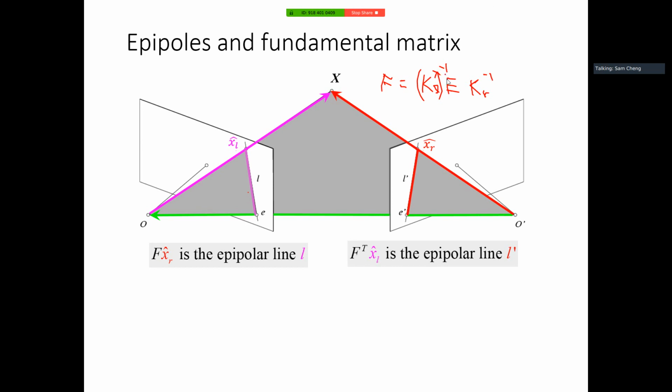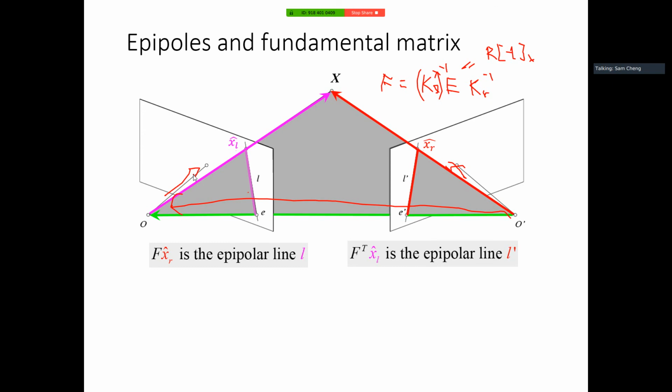It's a little bit hard to read, but the E here is equal to just the rotation times T cross. The rotation is rotating the camera coordinates from the right hand side to the left hand side.